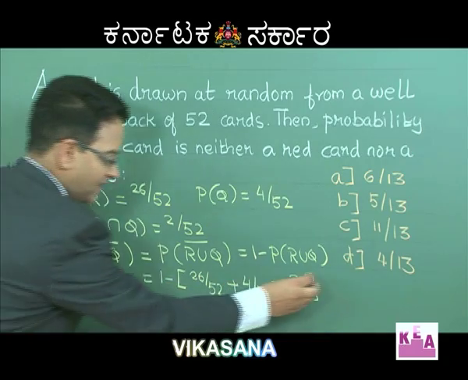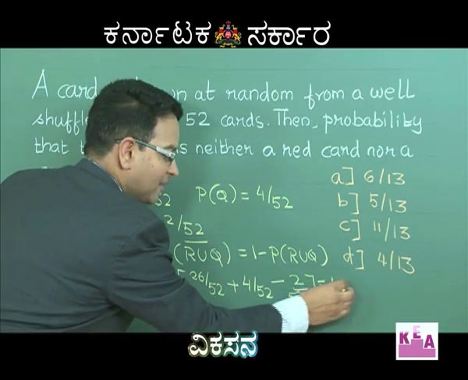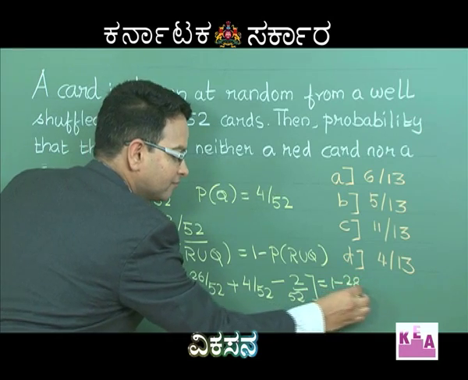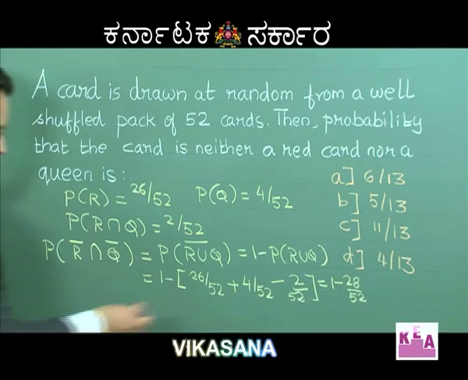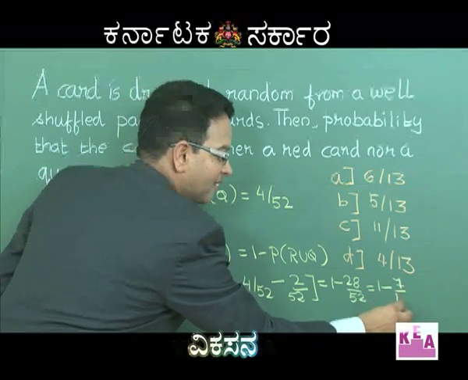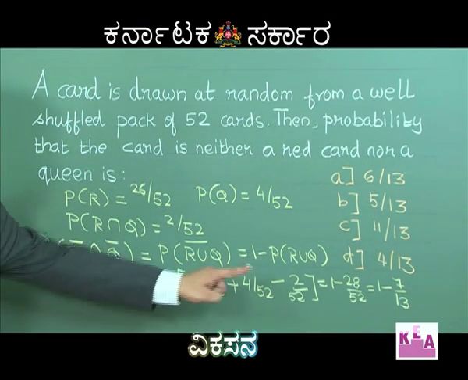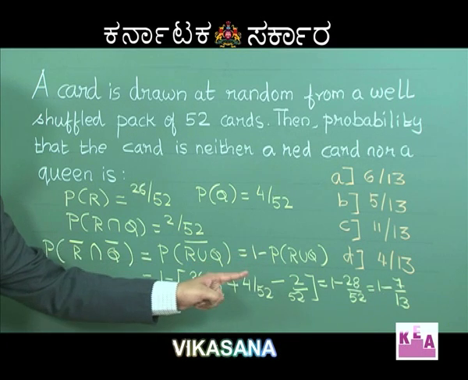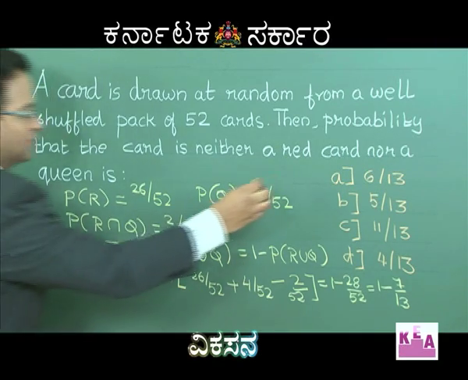So we have 28 divided by 52, 1 minus 28 divided by 52. Now in case I am going to divide this by 4, this would become 1 minus 7 divided by 13. Now we take LCM, 13 minus 7 divided by 13. So 13 minus 7 is going to be 6. So 6 divided by 13 is the right answer, which is the first option.